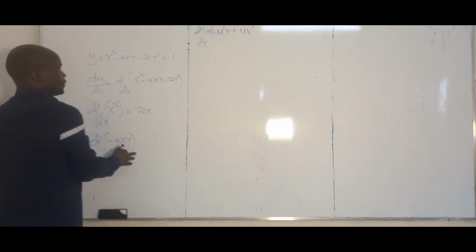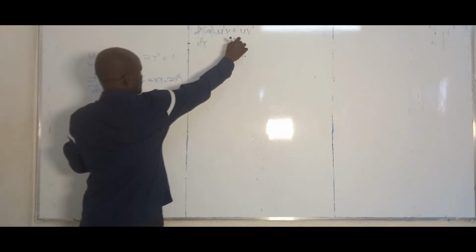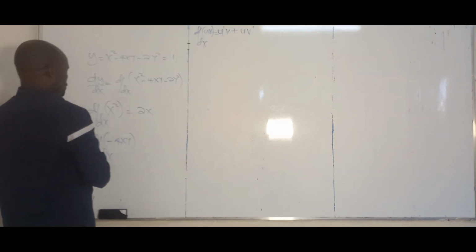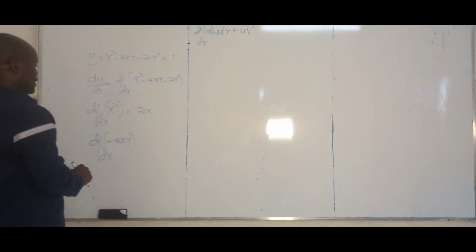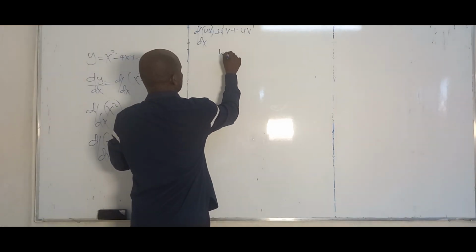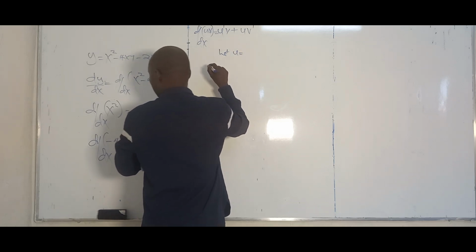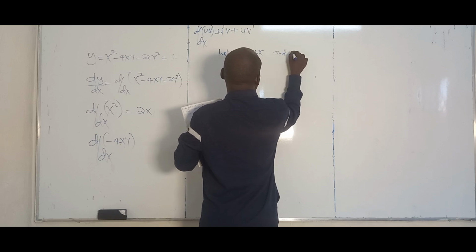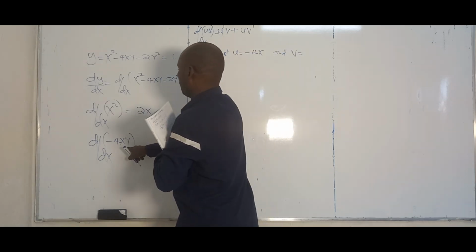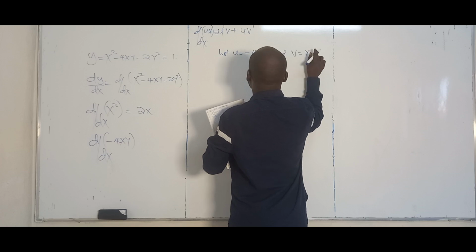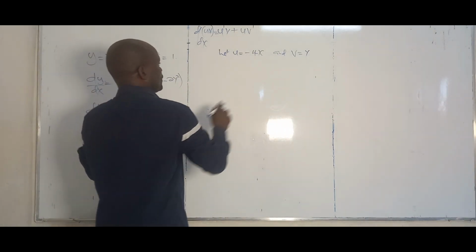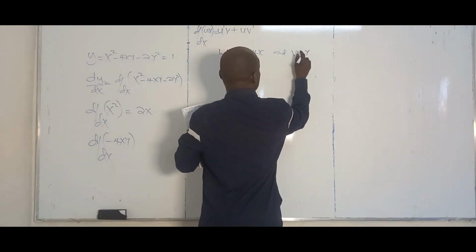We need to bring that into this context, to get the derivative of this term. So we will let u be minus 4x and v be y.